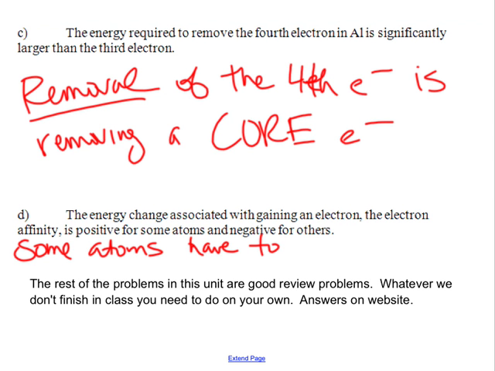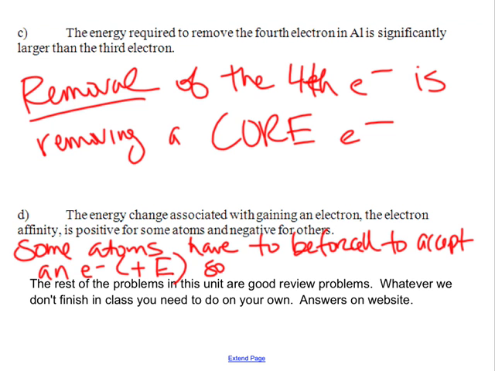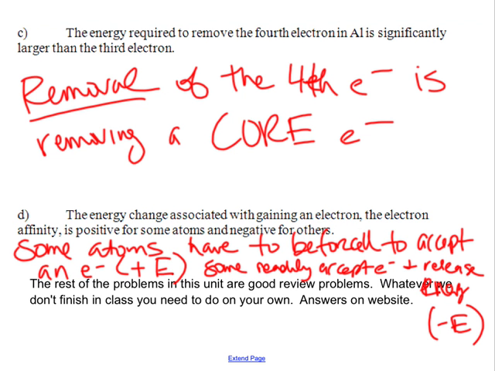Some atoms have to absorb energy, or be forced to take an electron. And then in the parentheses, I'm going to put that's positive energy. Some readily accept electrons and release energy. And then what is that? Negative. Negative energy. Okay?